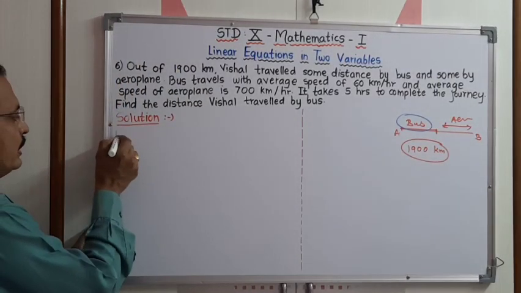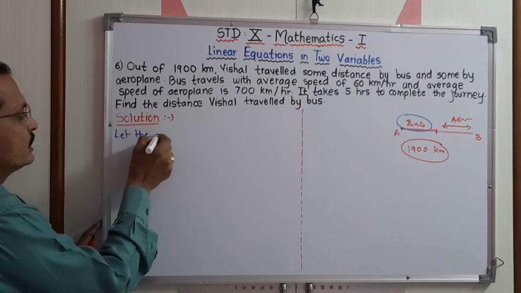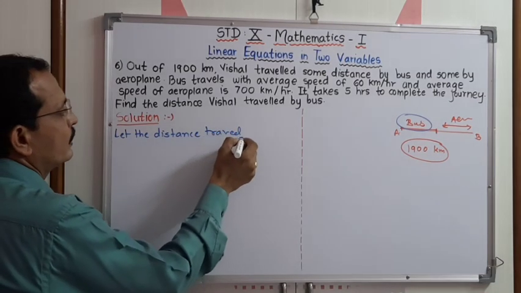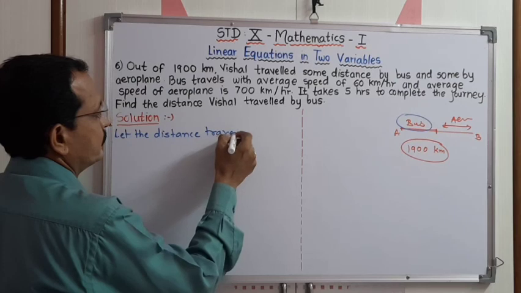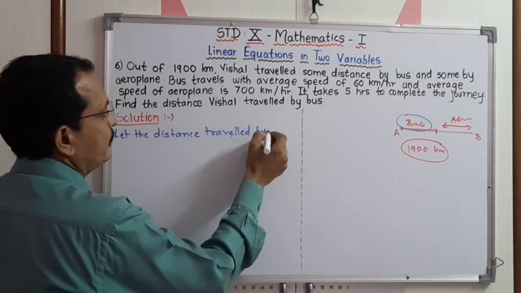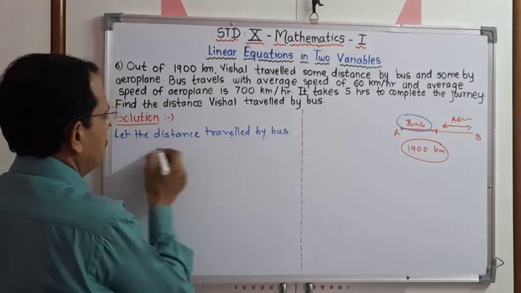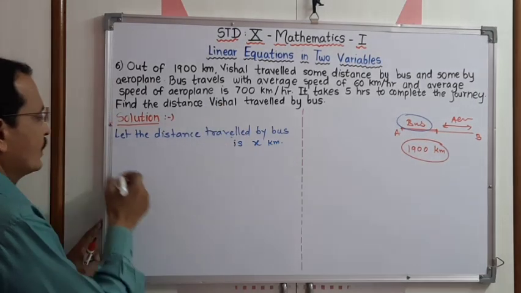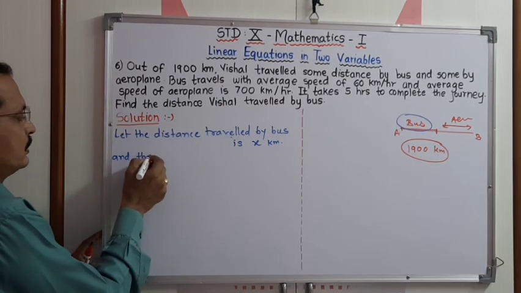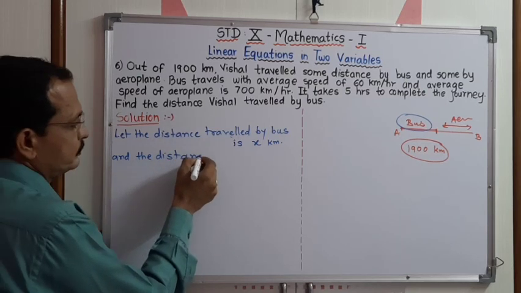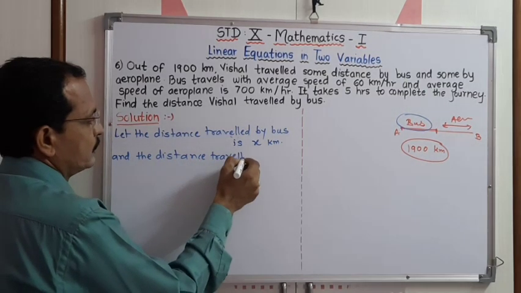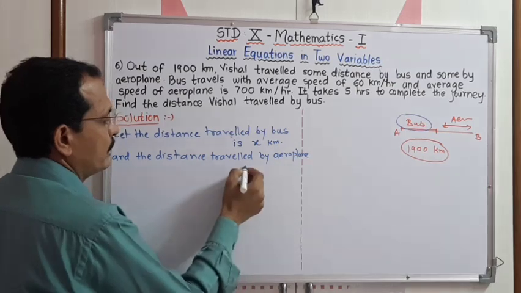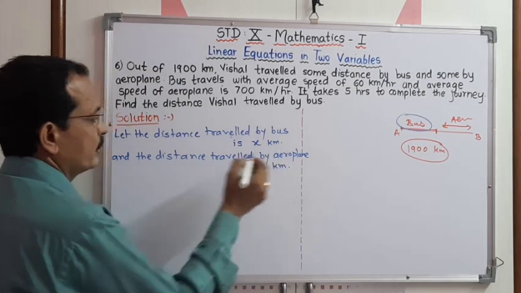Therefore let's start with: let the distance traveled by bus be x kilometer and the distance traveled by aeroplane be y kilometer.